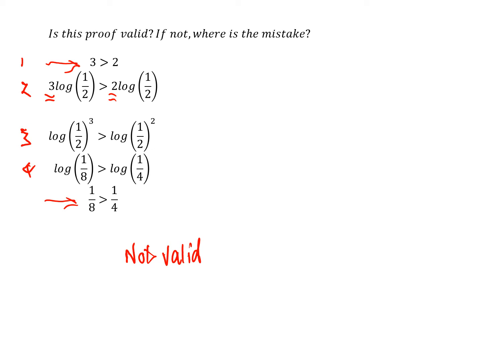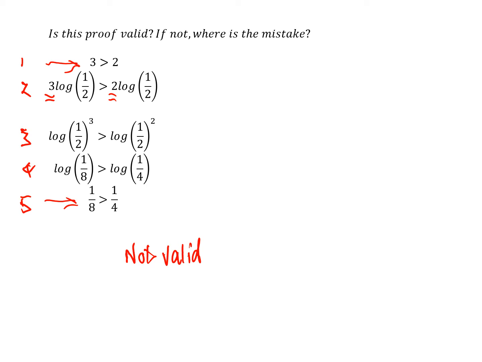And we've incorporated a half squared to be a quarter, which again is correct. In step 5, we've simply said that if log of something is greater than log of something else, then the something must be greater than the something else. So it seems maybe at first a little bit of a mystery.